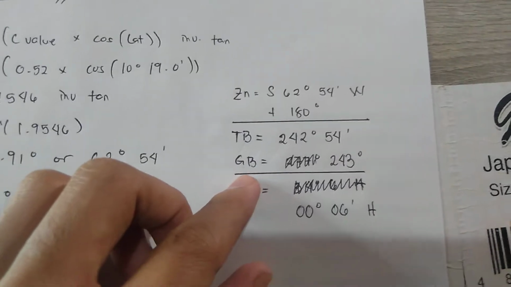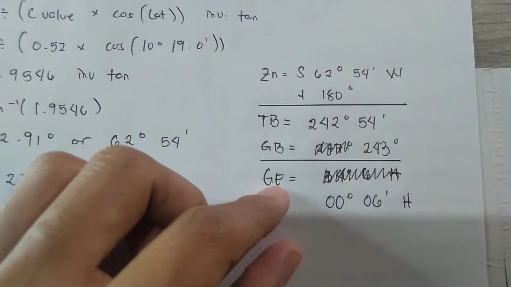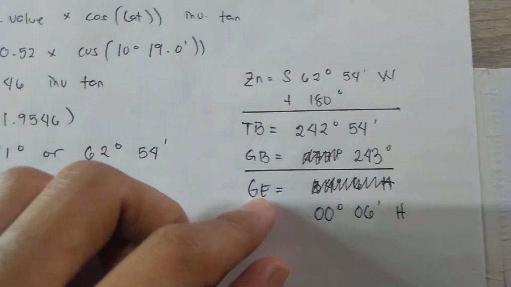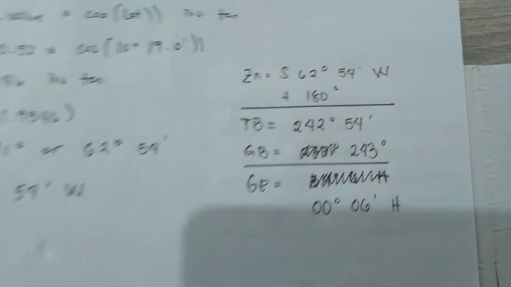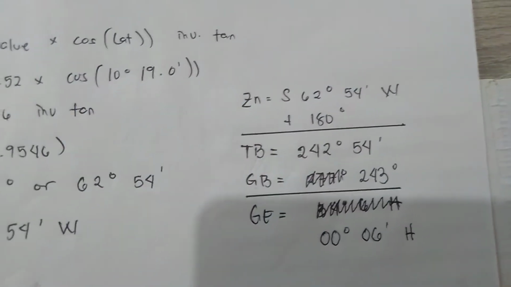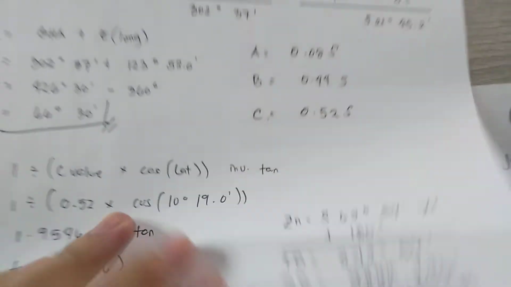It is because if the gyro bearing is greater than the true bearing, the gyro error is high, and if the true bearing is greater than the gyro bearing, then the error is low. So that's it, and then we're going to proceed to the planet Jupiter.